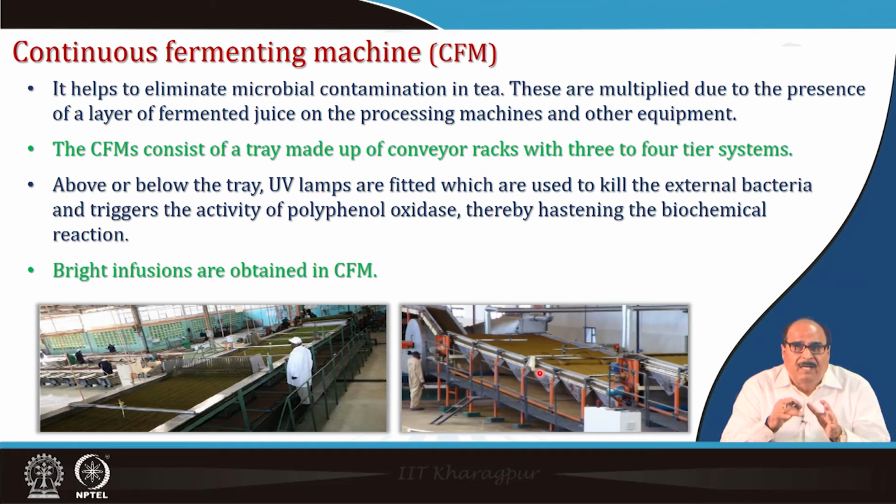The continuous fermenting machine consists of a tray made up of conveyor racks in a 3 to 4 tier system, and above or below the tray ultraviolet lamps are fitted, which are used to kill external bacteria and trigger the activity of polyphenol oxidase, thereby hastening the biochemical reaction. So bright infusions are obtained in CFM fermented teas.